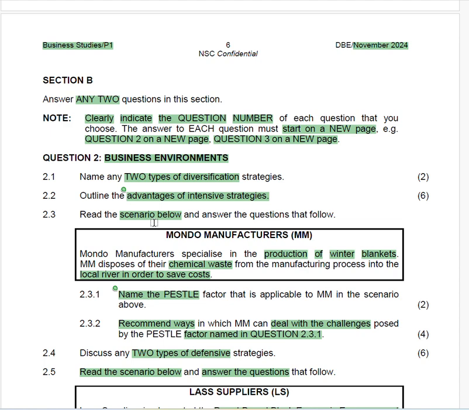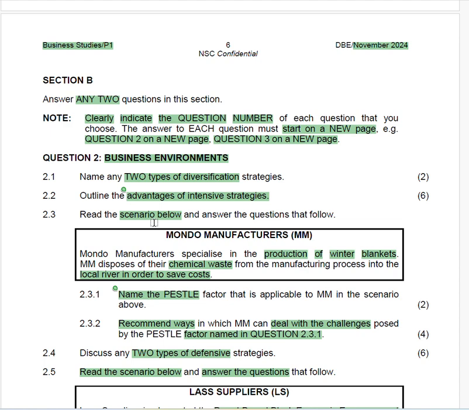Now 2.3.1 requires us to name the PESTLE factor that is applicable in the scenario above. As I've already said, when we answer the question, we're not only going to focus on that one PESTLE factor.